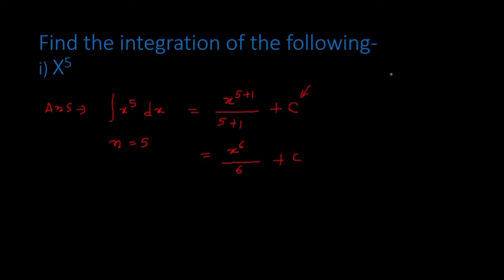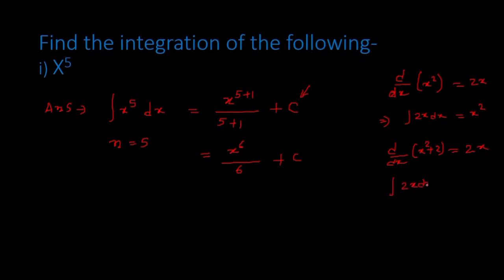Why? Because as we all know, the derivative of x square will be nothing but 2x. So from that we can conclude the integration of 2x dx is x square. Now again, what will be the derivative of x square plus 2? It will again be 2x. Now from this we can conclude the integration of 2x dx will be x square plus 2.